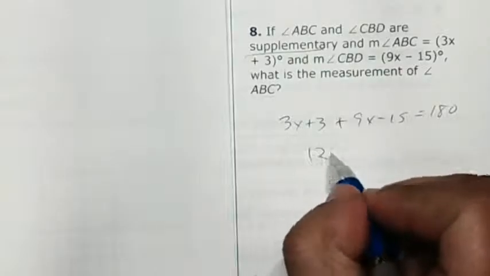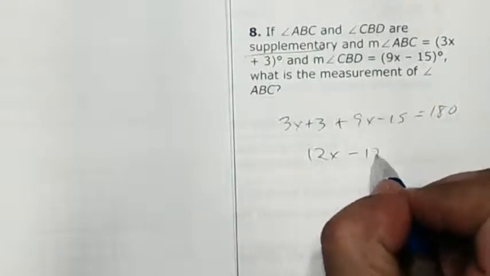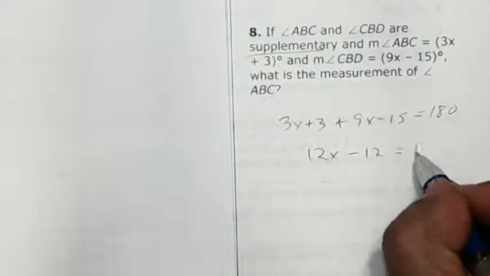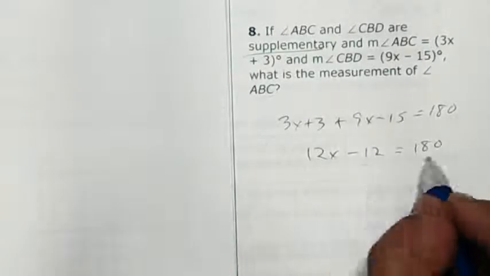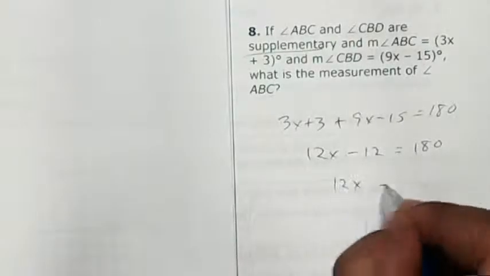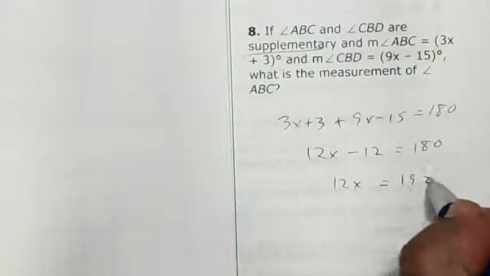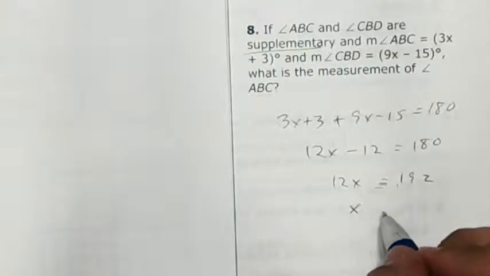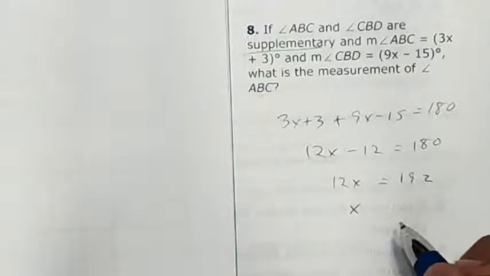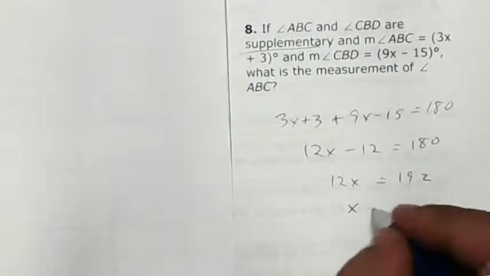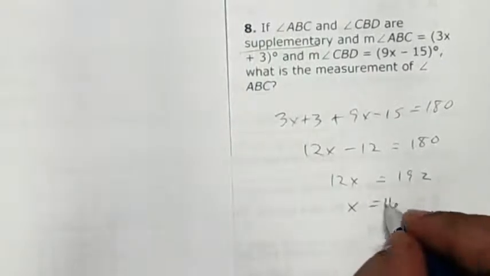Combine like terms, that gives you 12x minus 12 equals 180. If I add 12 to both sides, I get 12x is equal to 192. If I divide 192 by 12, I get 16 for x.